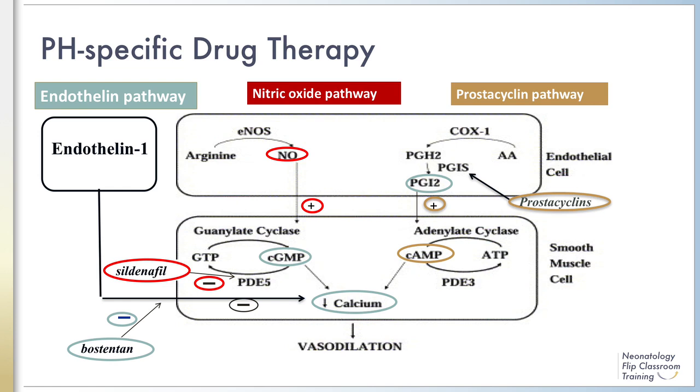These medications work through three major pathways, that is, endothelin pathway, nitric oxide pathway, and prostacyclin pathway. However, the benefit of early vasodilator treatment is unclear, and there is minimal data on use of pulmonary vasodilators in neonates. Because there is limited literature on the safety profile of these medications, especially with combination therapy, pulmonary hypertension-specific drug therapy should be guided by a pulmonary hypertension specialist.